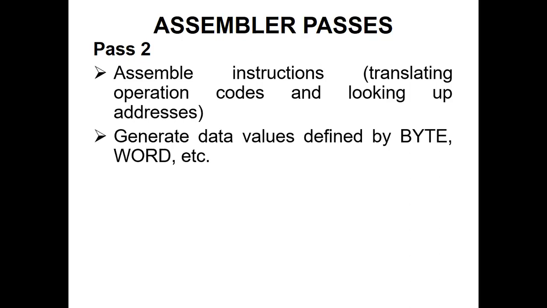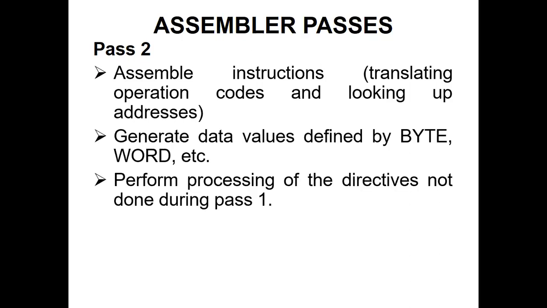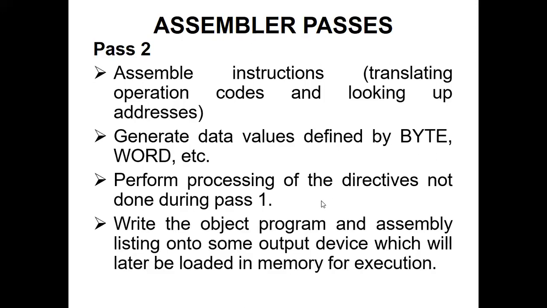So that is when we generate the data values, like those define byte, define word. Where they say reserve word, of course you have to leave 3 bytes because the word is 3 bytes. If they say, for example, reserve 2 words, it means you have to give space for 6 bytes and so on. That is what we mean by processing the directives.